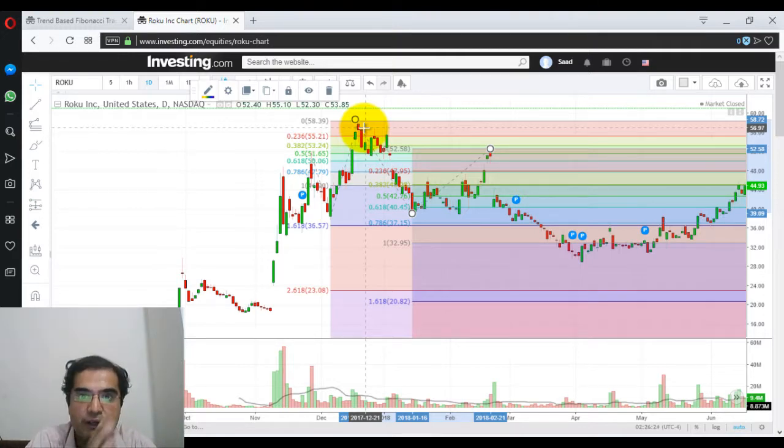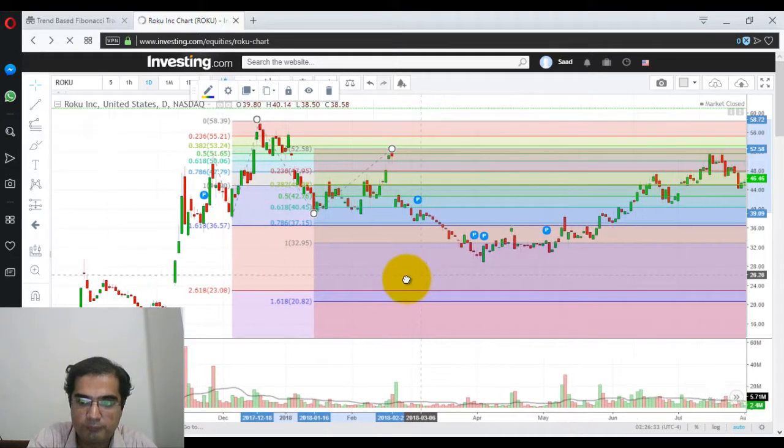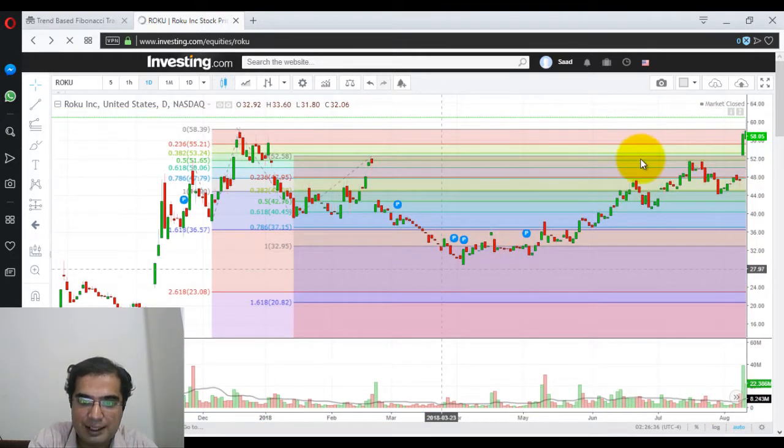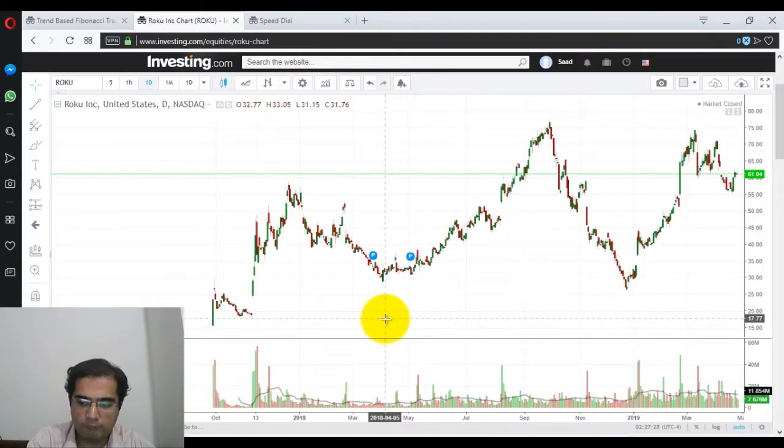That won't be successful. Even if it can hit a few times, it's not that successful. Now if you look at it, the price rose up, touched the same high and stopped.